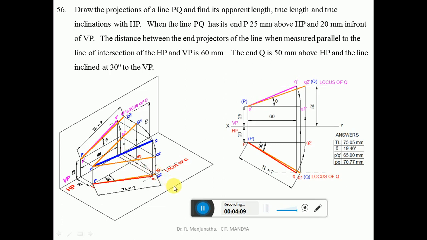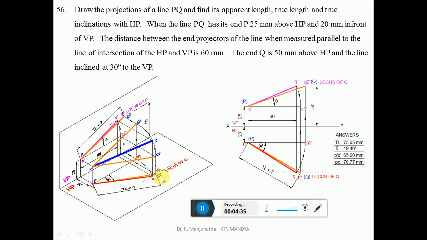On this projector you will get the end point of the true length, because the true inclination with respect to VP is given. So from P, using a protractor, you measure an angle of 30 degrees and draw this inclined line so that it cuts this end projector here.